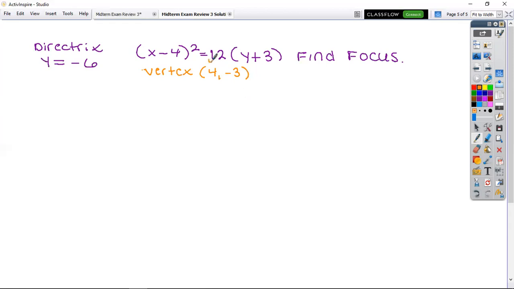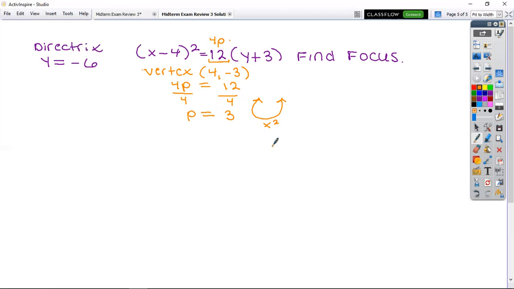What does the 12 represent in the formula? 4 times p, good. So I go 4 times p equals 12. Divide by 4. So p is equal to 3. The parabola is going to open upwards. I also know that because of the formula, and it has x squared on it.